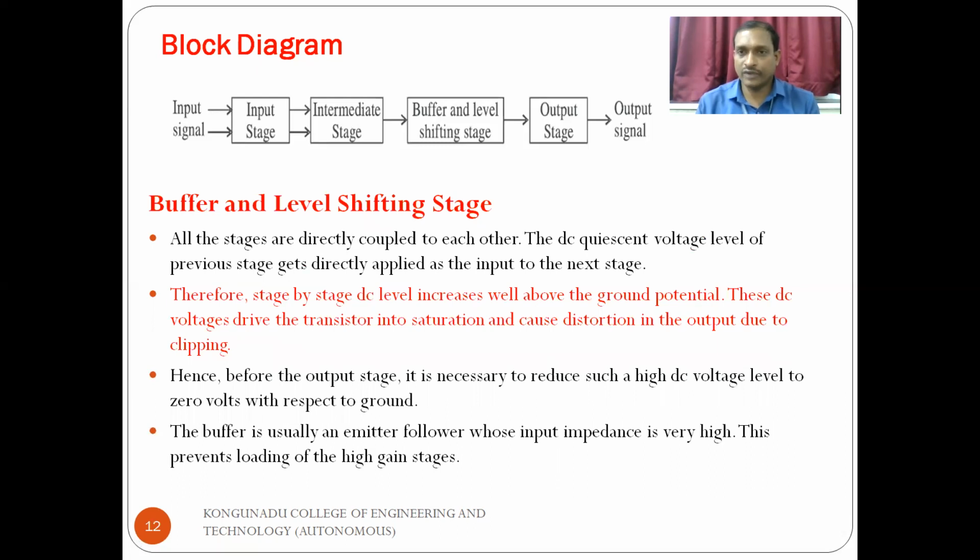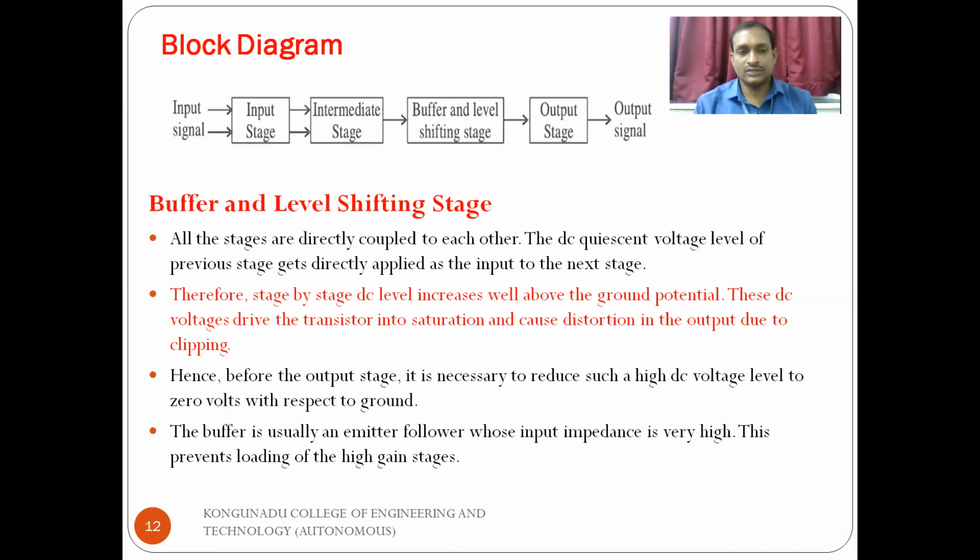So finally, the DC voltage level increases well above the ground potential. These DC voltages drive the transistor into saturation mode and cause distortion in the output due to clipping. So we need to avoid or eliminate this DC voltage level above the ground potential.